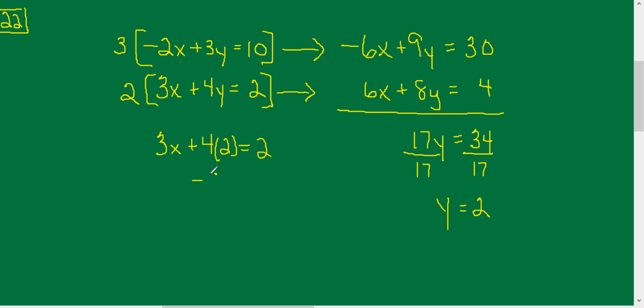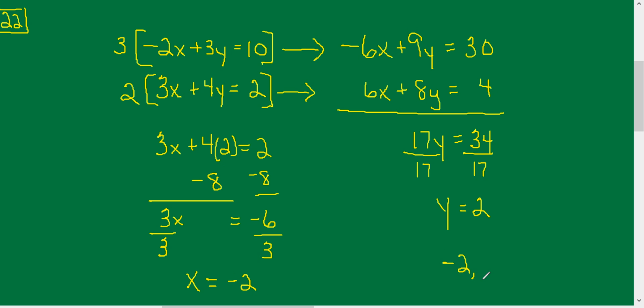I'm going to subtract 8 from both sides. Gives me 3x equals -6. Divide both sides by 3, and x is -2. -2, 2 is my solution set.